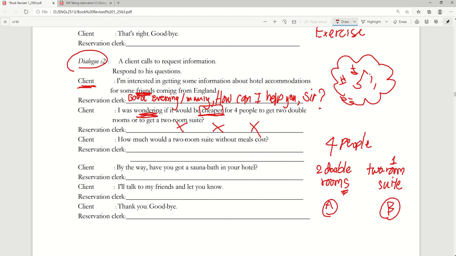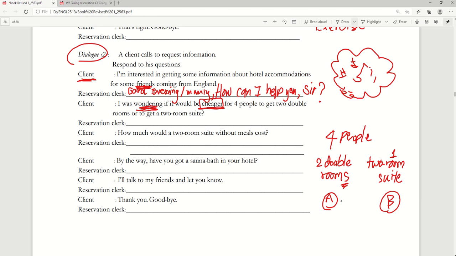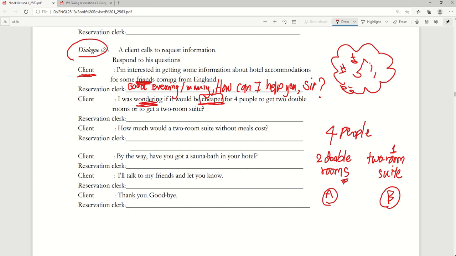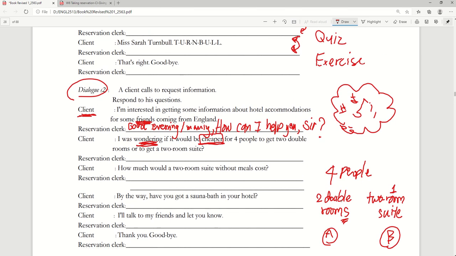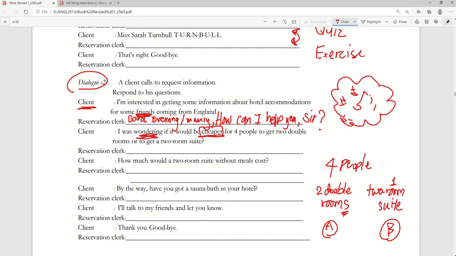So, what should be the correct sentence? What should be the answer? And then you have to look at it here. He's the clerk. Sorry. "How much would a two-room suite without meals cost?" So you have to continue thinking about it.